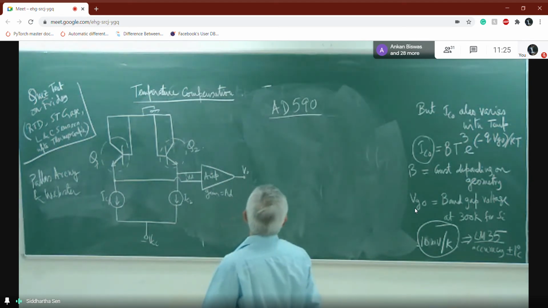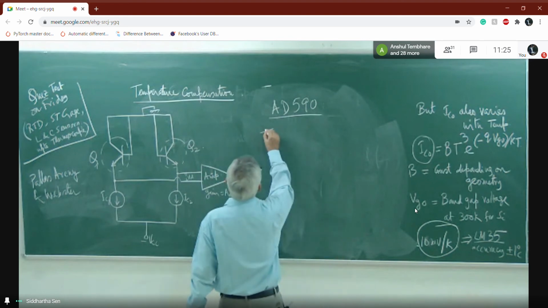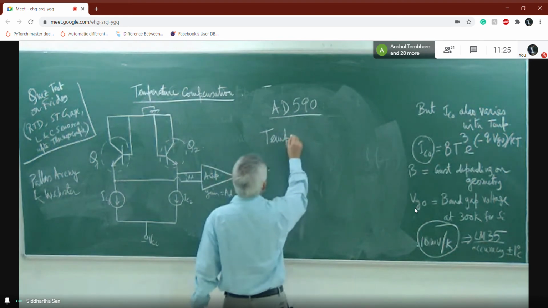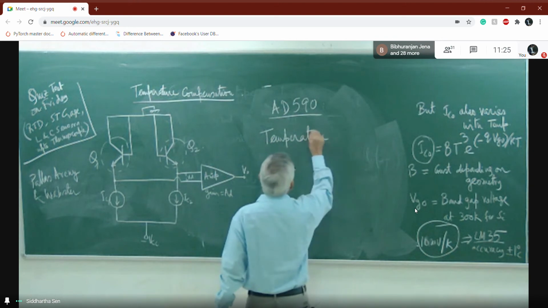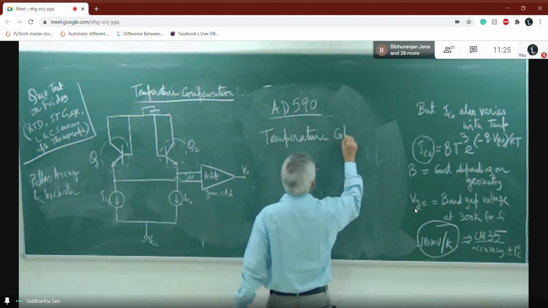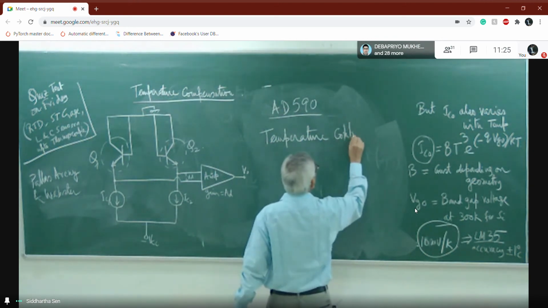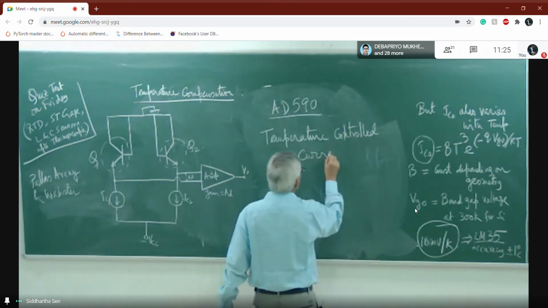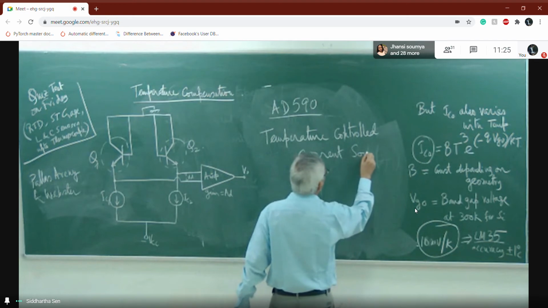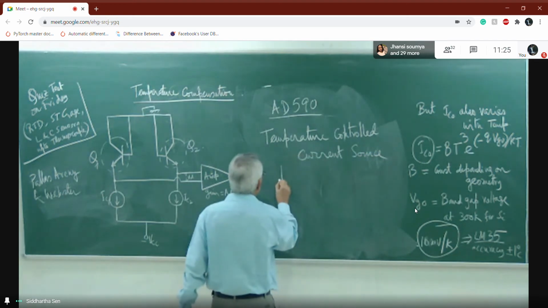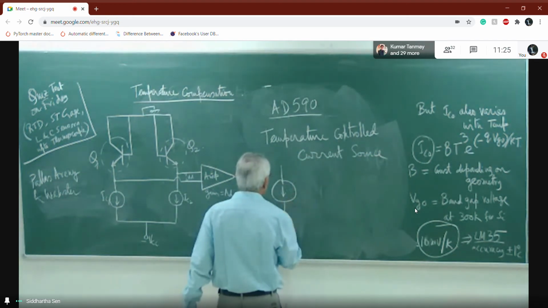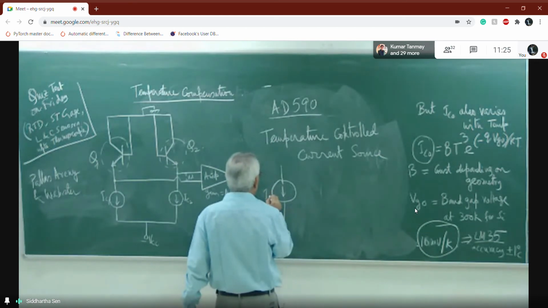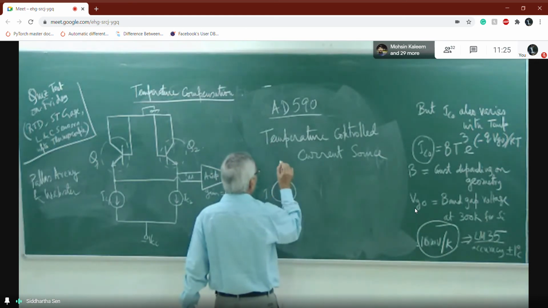So this AD590 is a temperature controlled current source. That means it is a current source I, which is dependent upon the temperature.